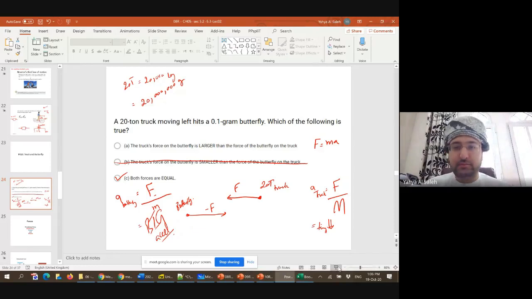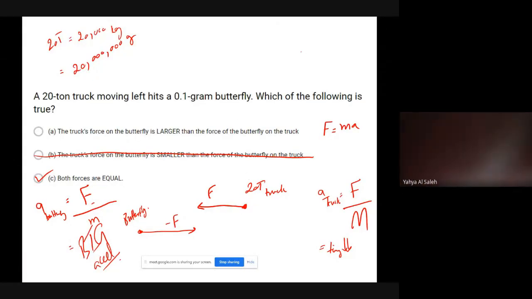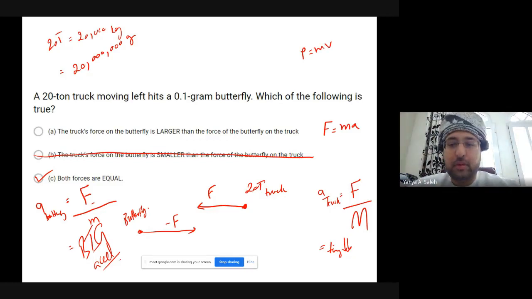So there are two ways to take a look at this. One is through F equals ma. Another is through P equals mv, momentum. Okay. We cannot control the mass of either the truck or the butterfly. Okay. Their mass is fixed.